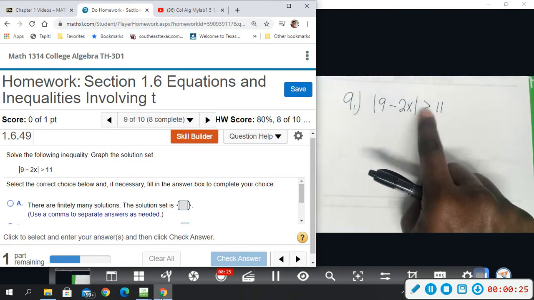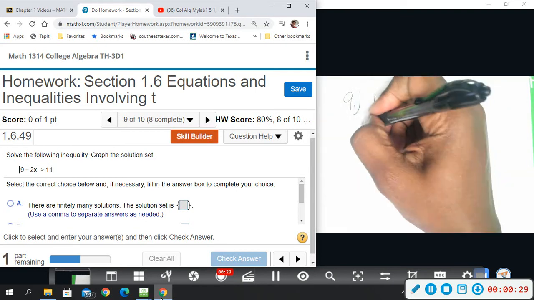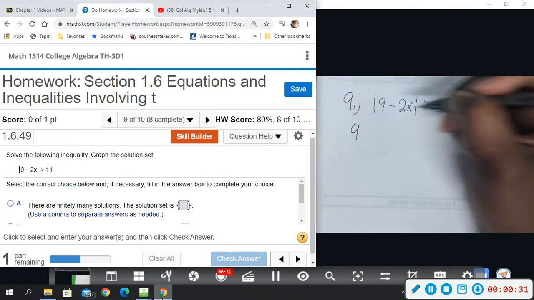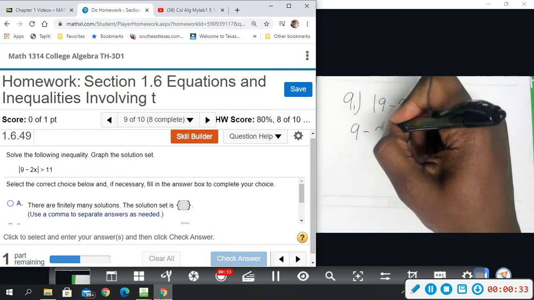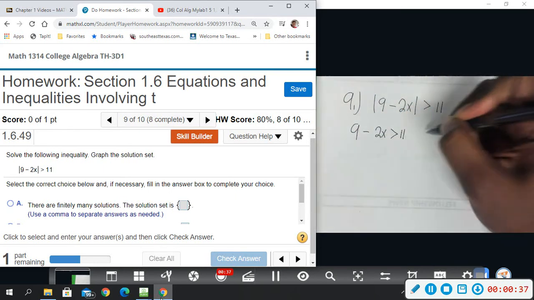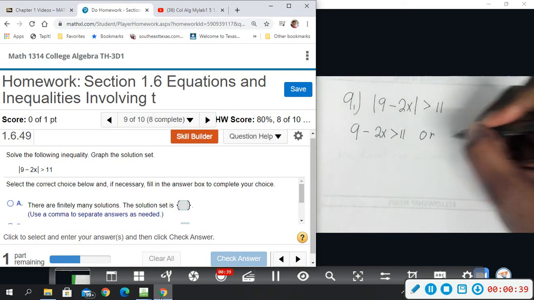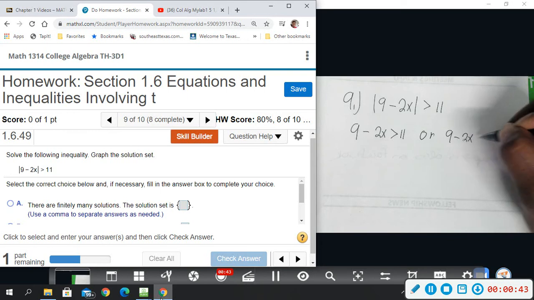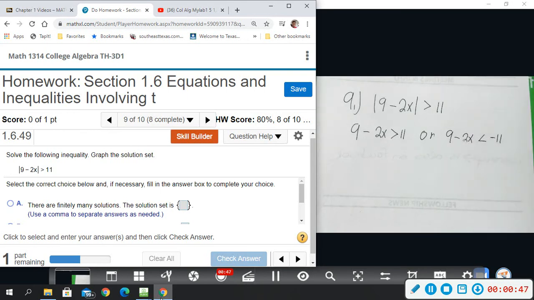Again, my symbol is facing the same direction, so it's just like problem 8. 9 minus 2x is greater than 11, or 9 minus 2x is less than negative 11. Flip that sign, change the sign.